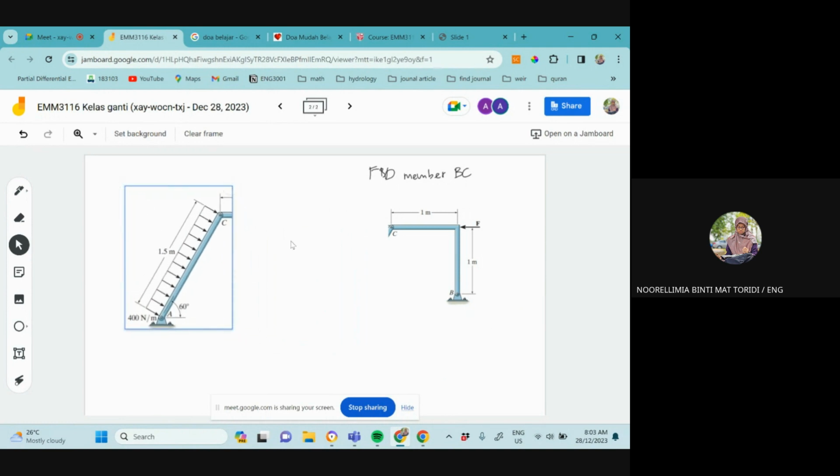Okay, so yesterday this one we drew, this is the load, which is 400 multiplied by 1.5 meter, equal to 600 Newton meter.